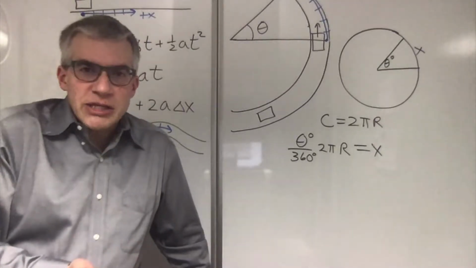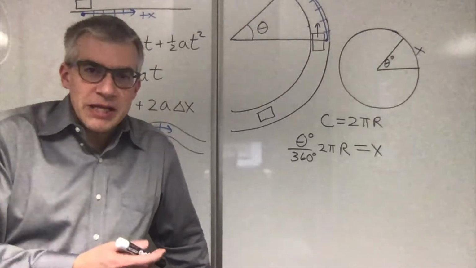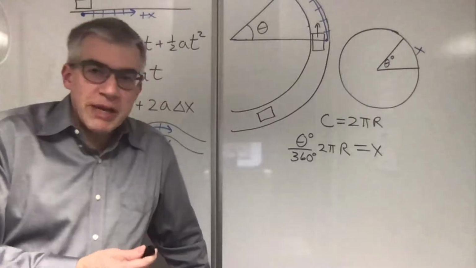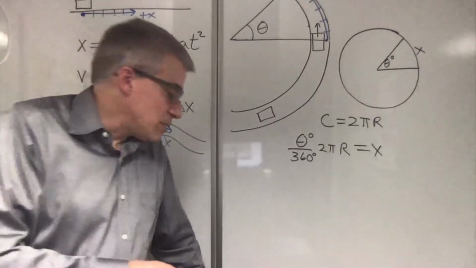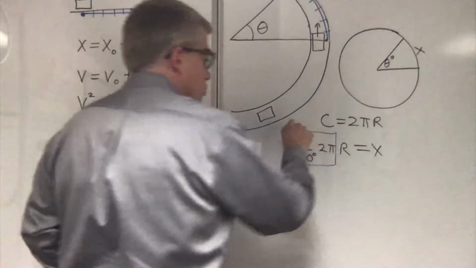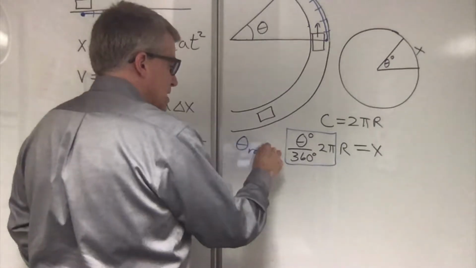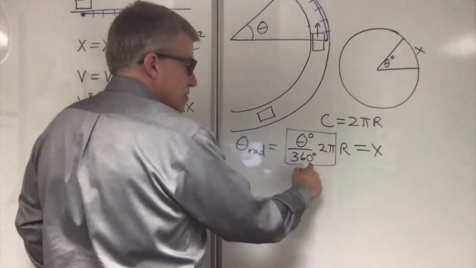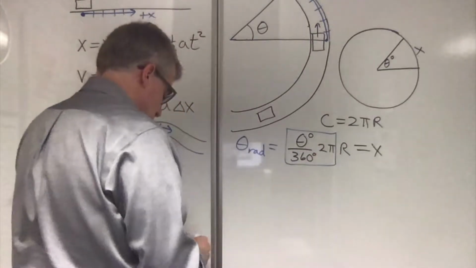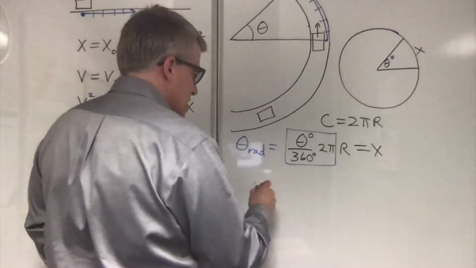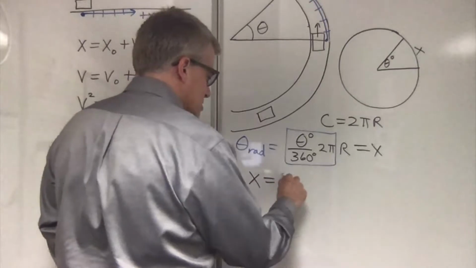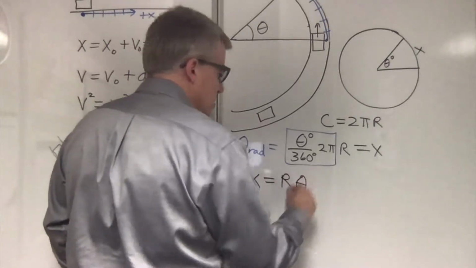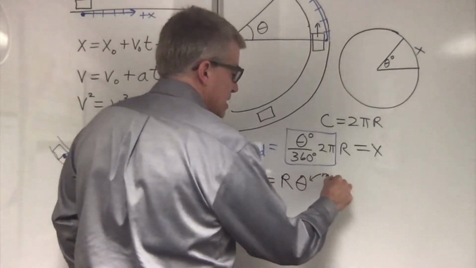That was just a historical accident that somebody set up that scale. We could make a new scale. In fact, we could make a new scale that we could call radians. Theta in radians is theta in degrees over 360 degrees times 2 pi, which means we get the nice tidy little formula x equals r theta, provided theta is in radians.